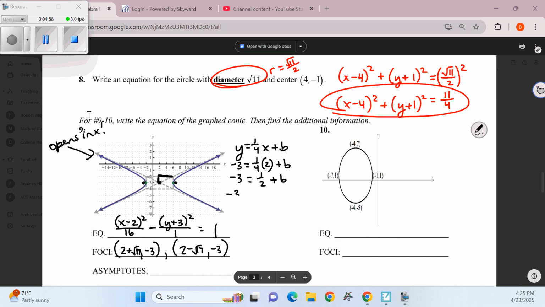So negative 3 minus 1/2 is equal to b, getting a common denominator. This is negative 6 over 2 minus 1/2 equals b, or negative 7/2 equals b. So this whole equation for the asymptote would be y equals 1/4 x minus 7/2.